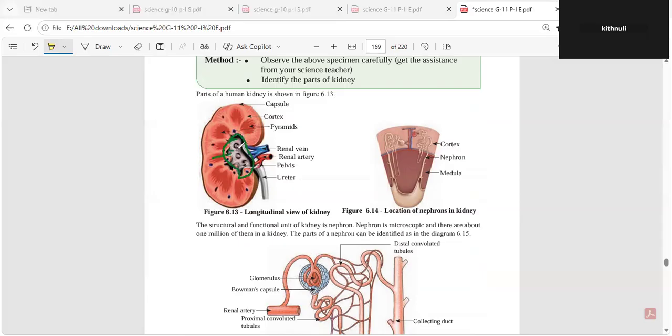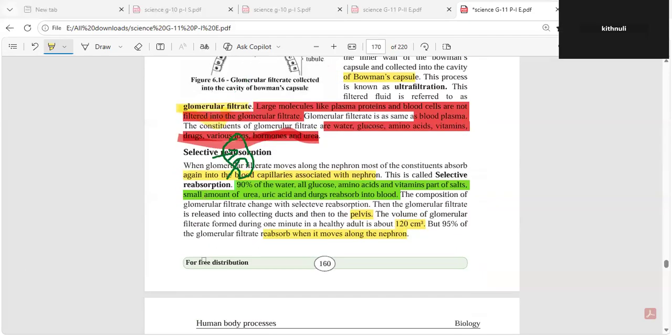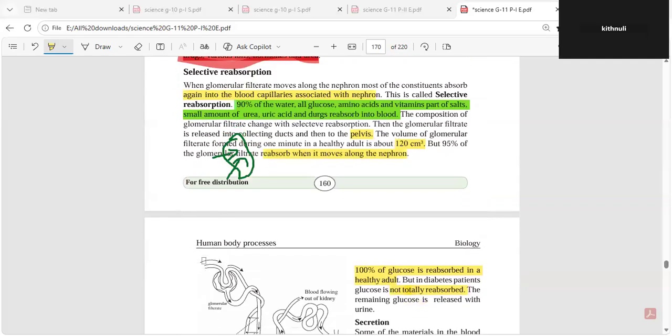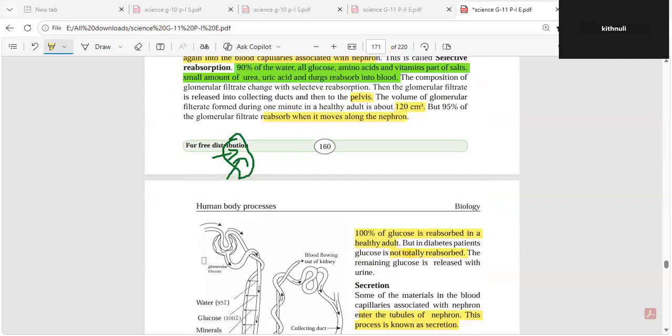All the things will be connected to the pelvis with the collector part. Then to the ureters and to the bladder, right?